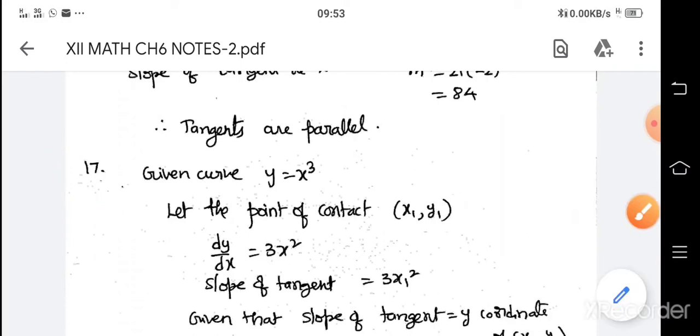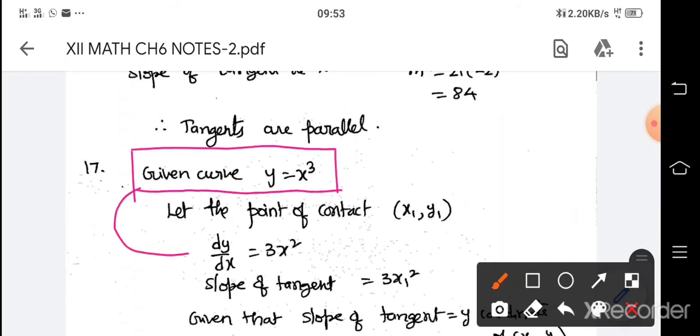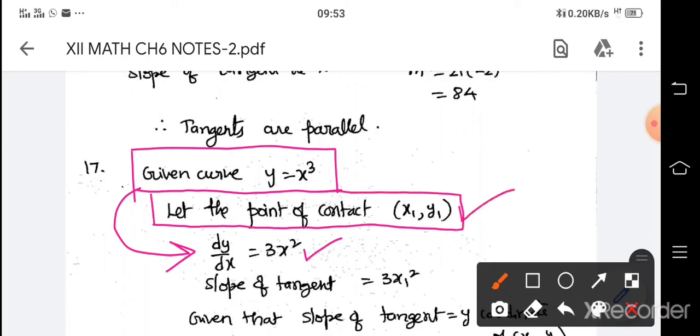See the question. Okay. So the given curve equation is y = x³. When we differentiate it, dy/dx = 3x². We need to find the point of contact, which is on the curve. Let it be (x1, y1), at which the slope of the tangent is equal to the y coordinate.